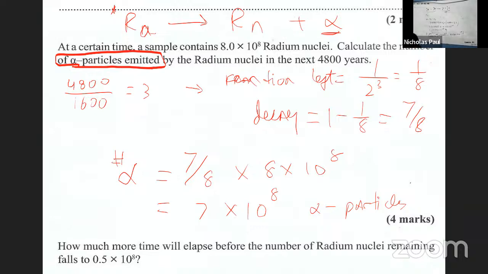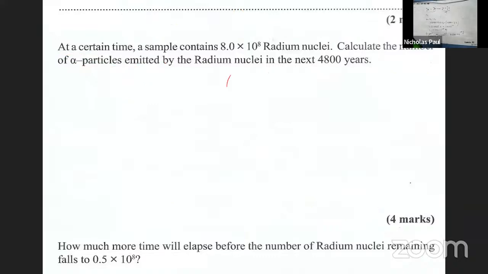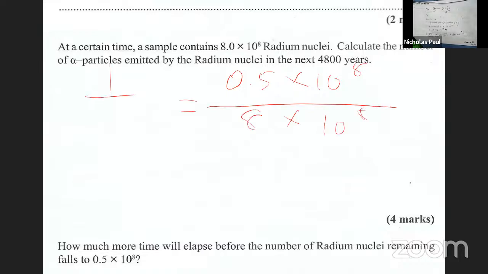Or you can do it like this. 0.5 by 10 to the 8 over 8 by 10 to the 8 is 1 over 16. That's okay? Which is 1 over 2 to the 4. So it will take 4 half-lives to reach here. But the question asks how much more time after this.